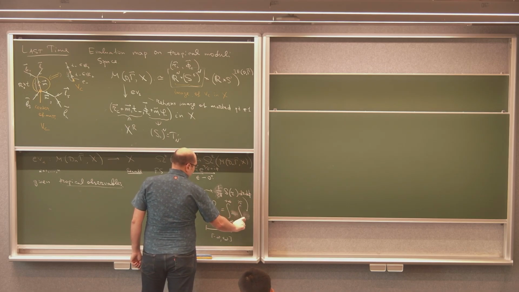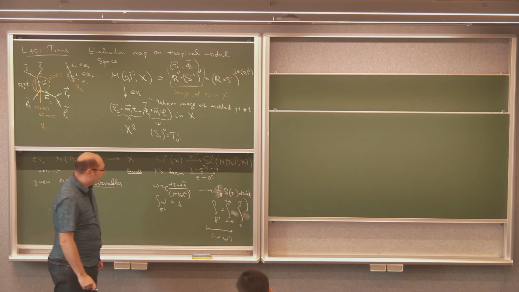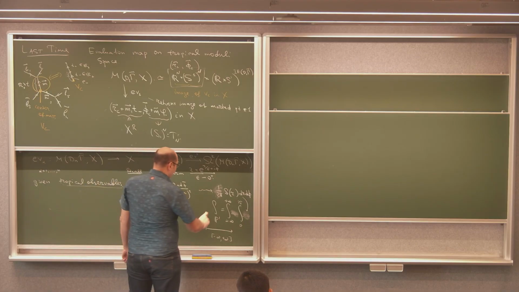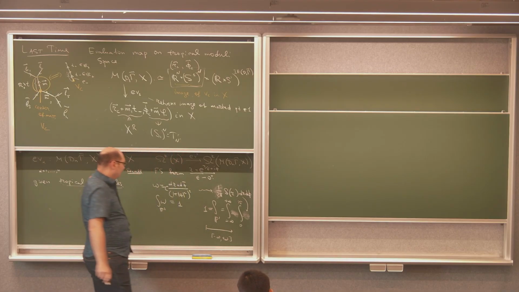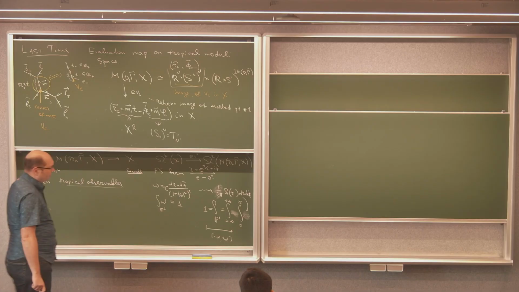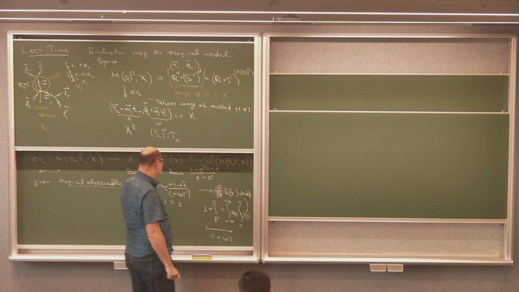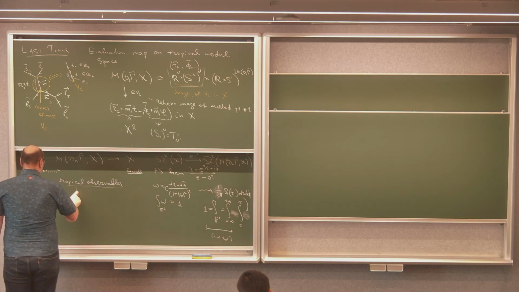If we take this form and integrate it, we also precisely get the same normalization 1. So that is a typical tropical observable.